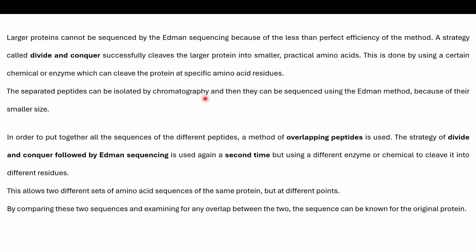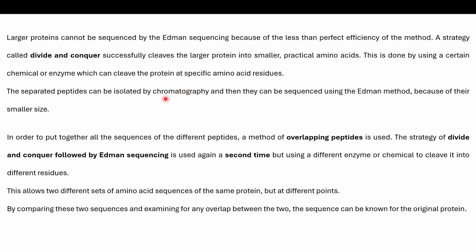I'm just giving a vague example. You use enzyme A, which only cleaves after the O residue. There's no amino acid residue called O, but this is just an example.